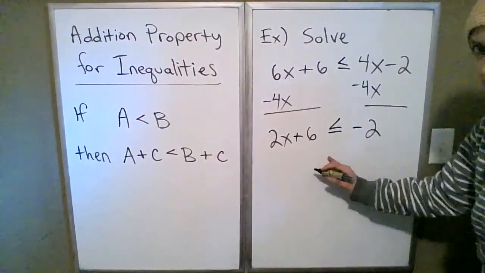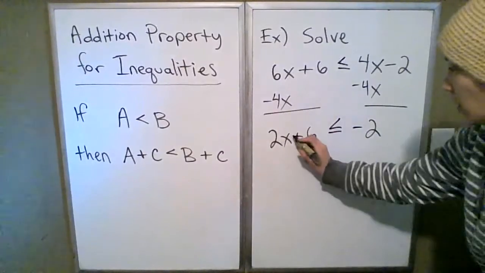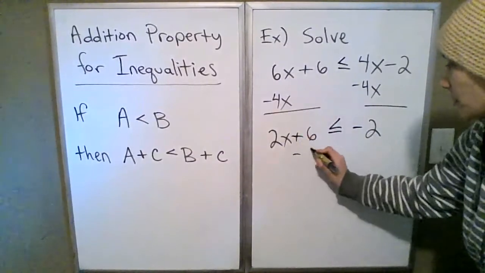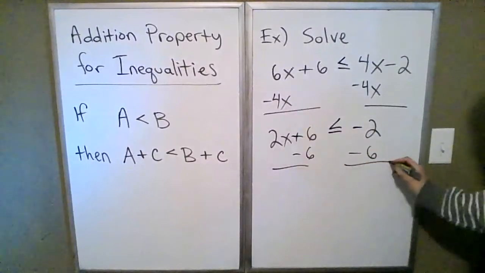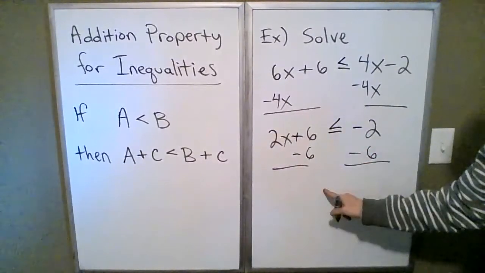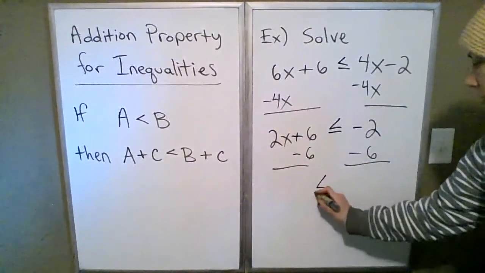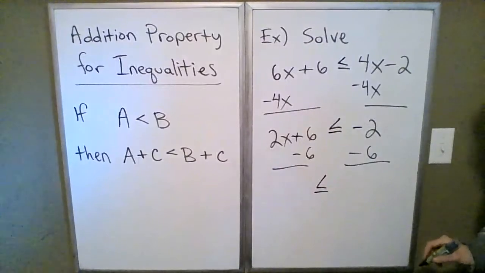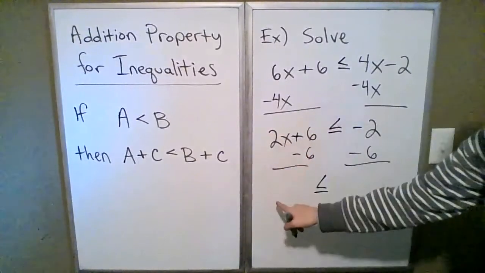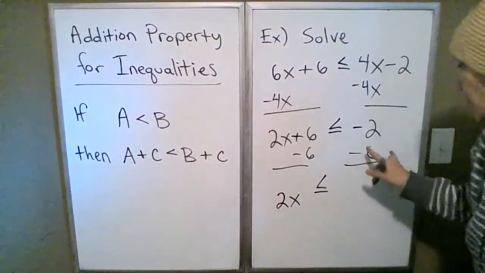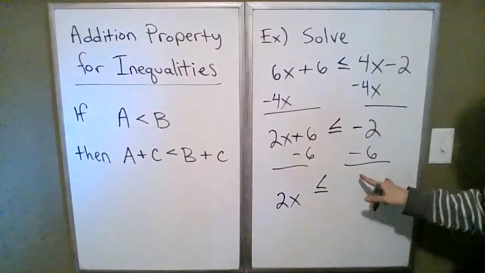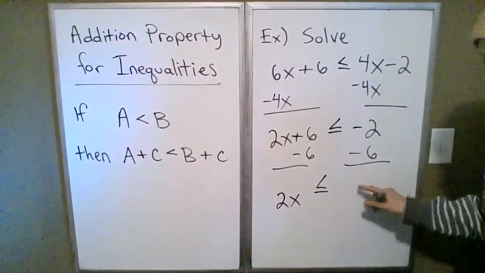So then I would subtract 6 from each side. Keep trying to isolate x. Again, copy down the same exact symbol. And now this side has 2x less than or equal to -8.